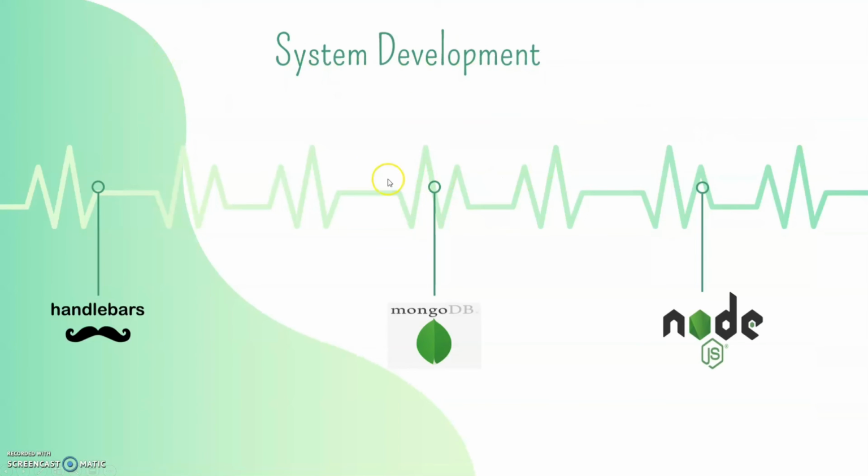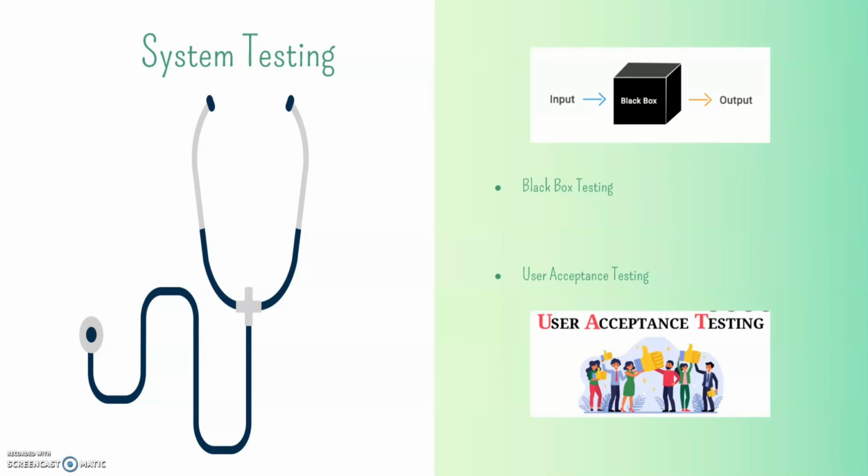For the system development, as you can see, for the front end side, I'm rendering my pages using Handlebars, which is the templating engine for JavaScript, and the database is MongoDB. For my backend, I'm using Node.js, and it has the framework called Express.js, which is really helpful.